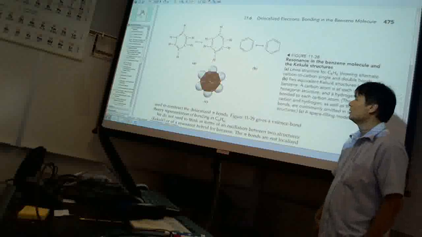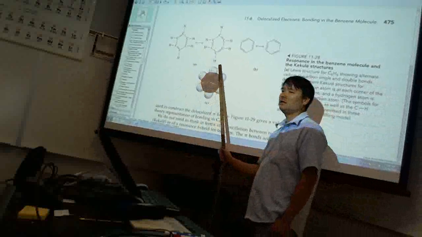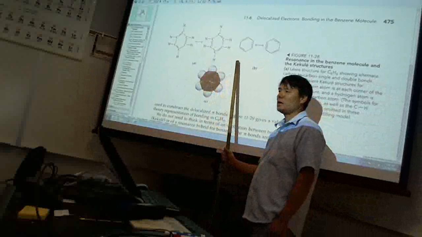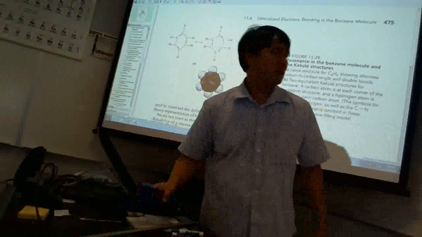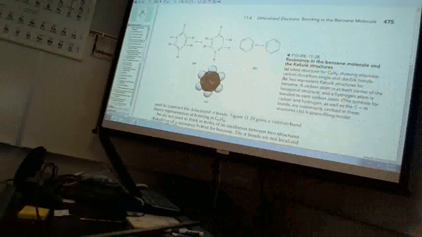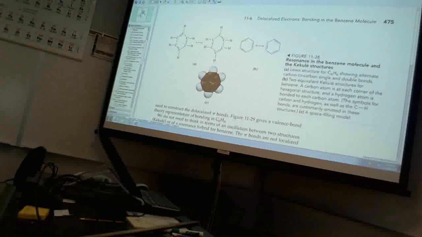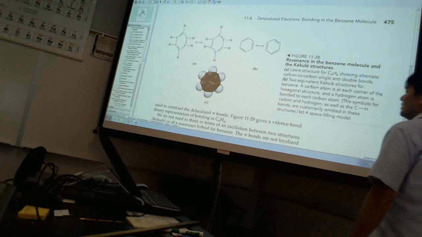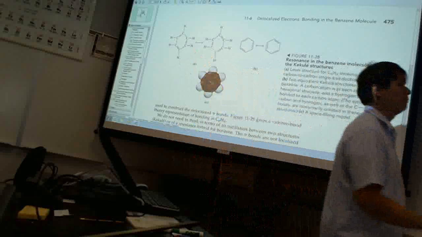It turns out, though, that the best structure would be the resonance hybrid, because what we see is that the pi electrons are not localized, but actually delocalized. And so I'm going to tilt this up a little bit so we can see it better.